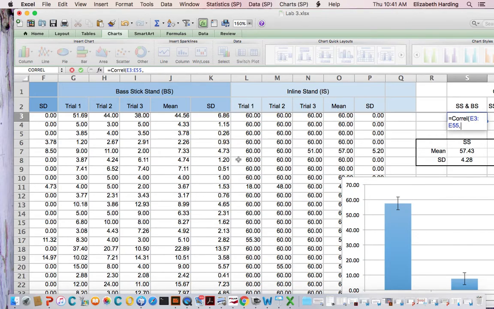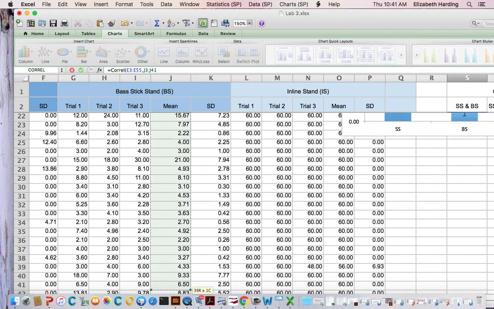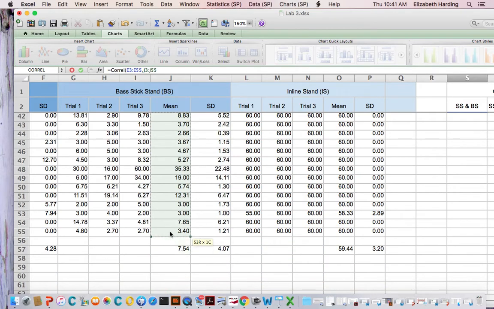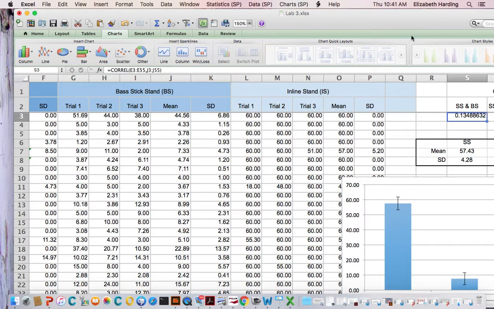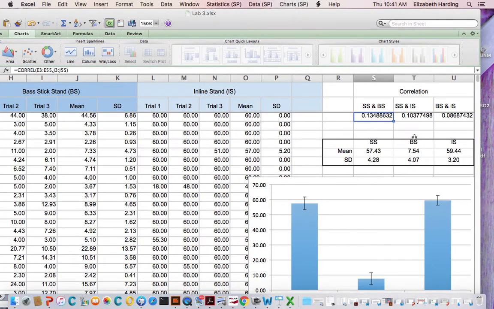That's my array 1, comma, and my bass stick stand. And select all the mean values of that, and enter. And I have my correlation coefficient, or Pearson's correlation coefficient, R value of 0.13488, etc.